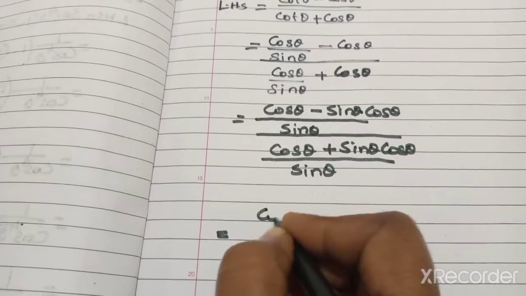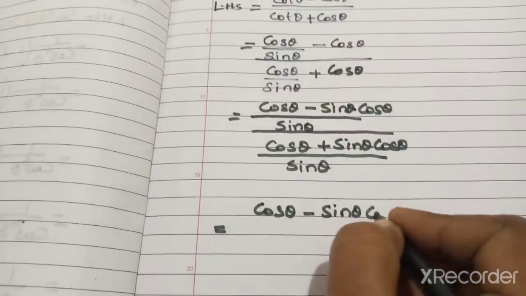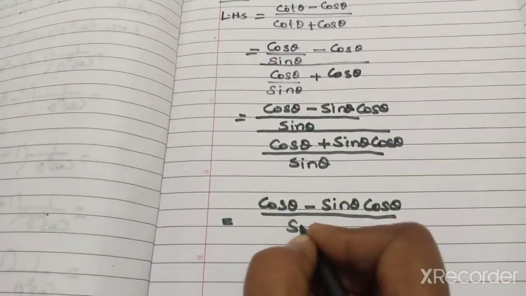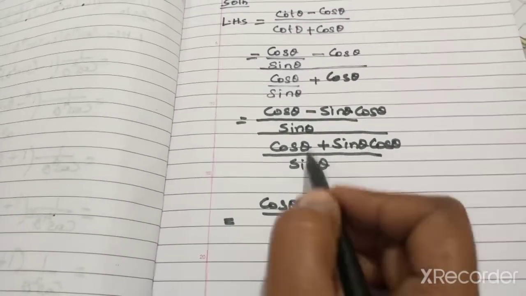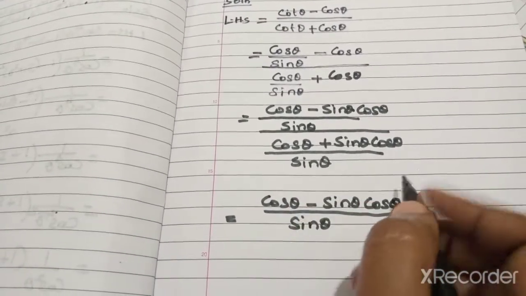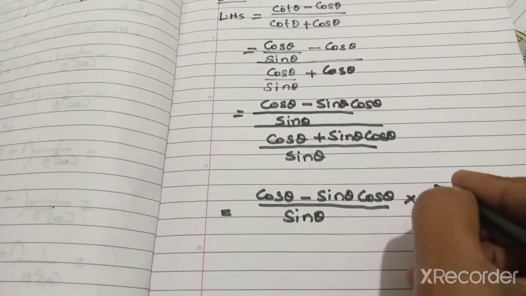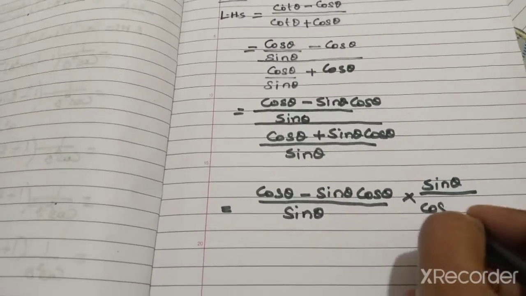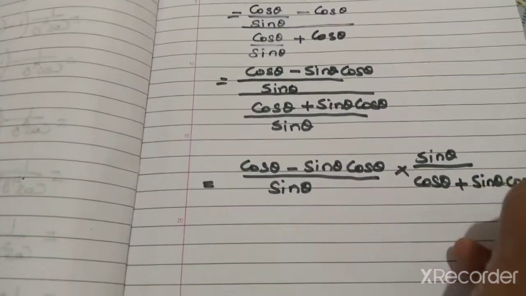Listen carefully: cos theta minus sin theta cos theta by sin theta. Now this denominator term, let us change division into multiplication. So into, it can be written reciprocally: sin theta by cos theta plus sin theta cos theta.